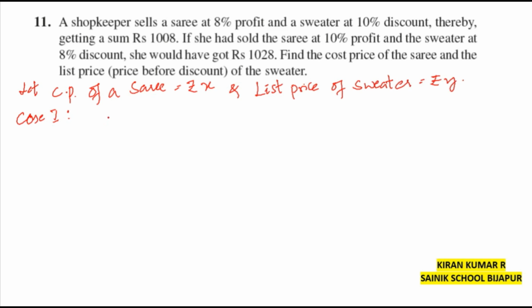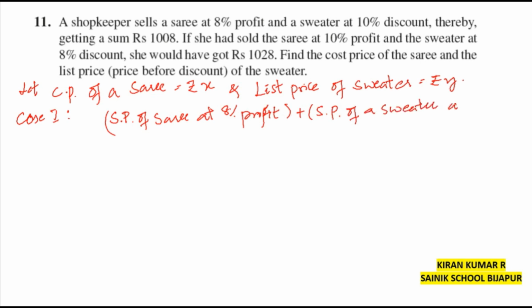In this case, we have the selling price of a saree at 8% profit plus the selling price of a sweater at 10% discount is rupees 1008.